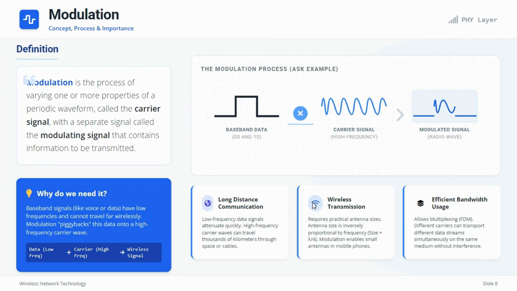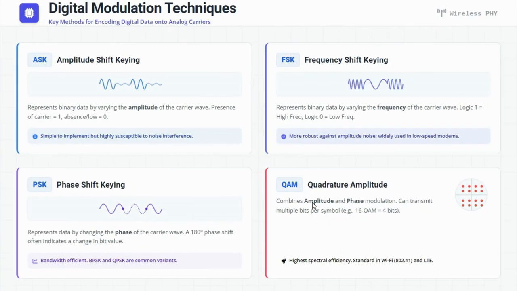We use high frequency carrier signals and combine them with our data signal. Modulation is important because it allows long distance communication. It makes wireless communication possible. It reduces antenna size.